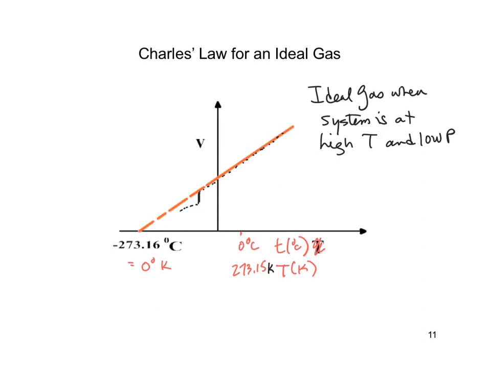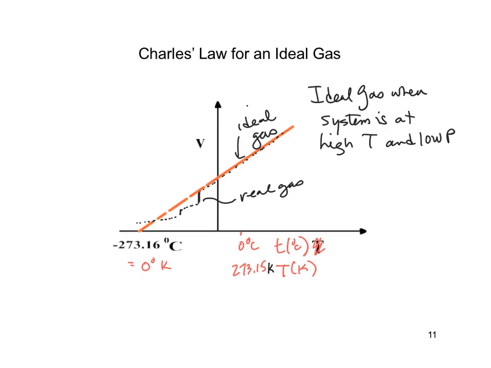And then when it goes to the solid, you'll get a little bit more of a decrease in volume. And as you continue to decrease the temperature, you might get something like that. So it's not going to hit 0 degrees Kelvin, and the volume is never going to be 0 milliliters or liters. So this would be for the real gas, and this is more like the ideal gas.